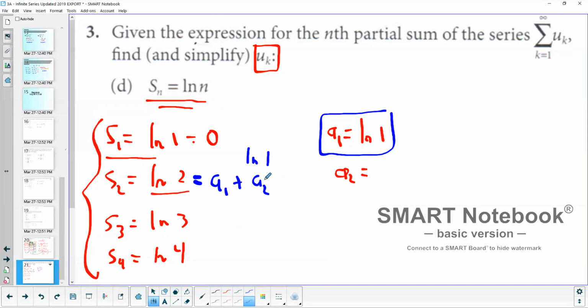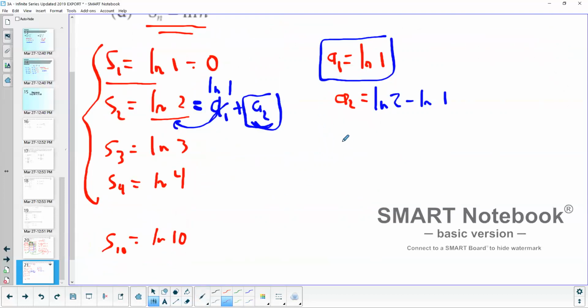So if I plug in the natural log of 1 for the first term, and then I ask you what is the second term here, well, if I solve for the second term, I need to take this natural log of 1 and subtract it over to the other side. So the second term in the series is actually the natural log of 2 minus the natural log of 1.